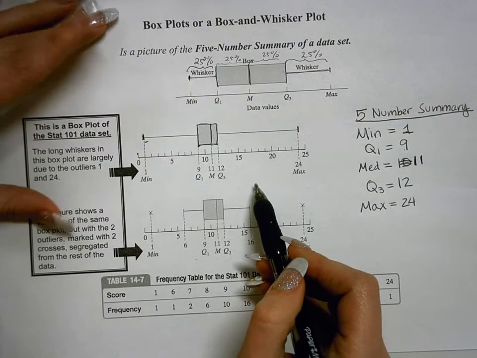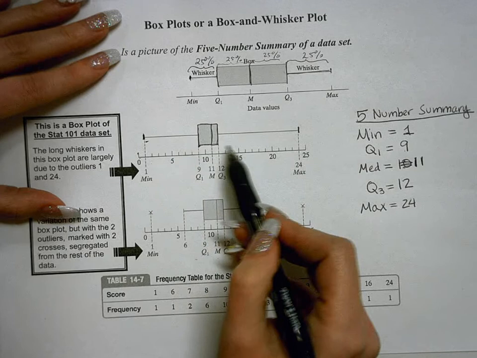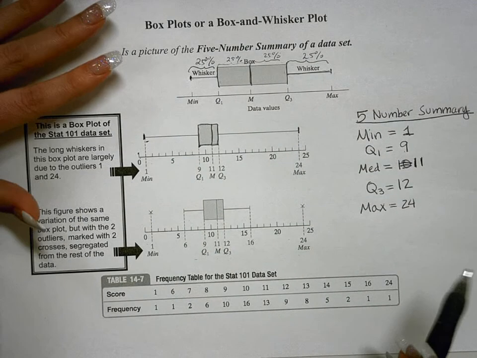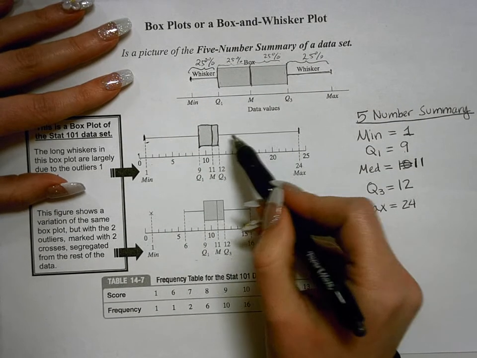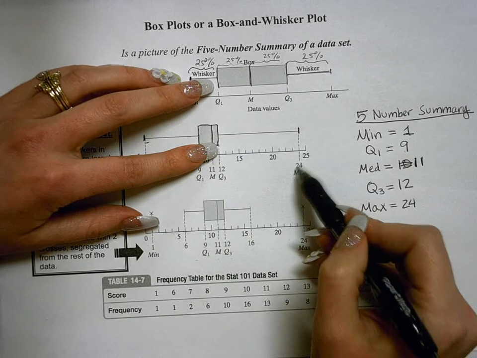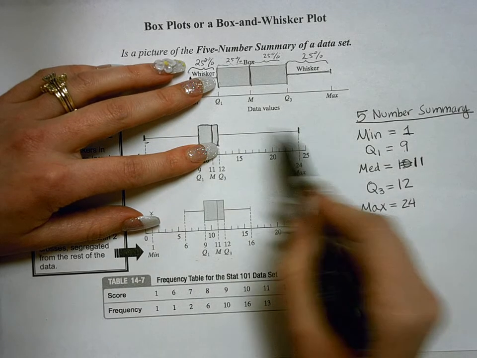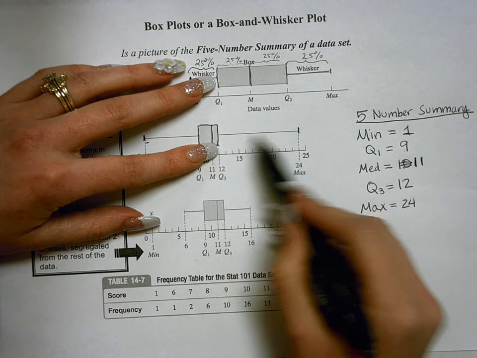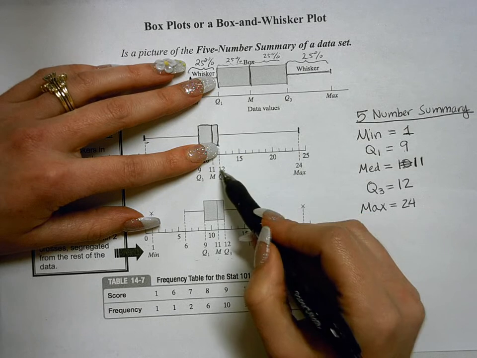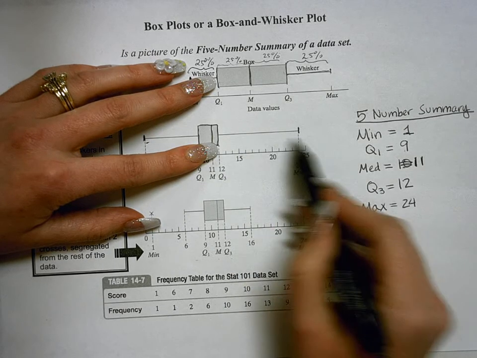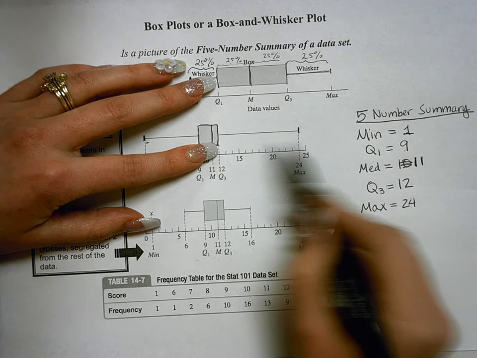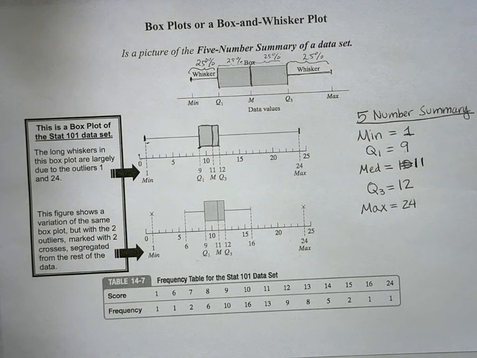So for the most part, the class really scored the same on their statistics test. And from 12 to 24, the upper 75% was really spread out. There are 12 different points separating quartile 3 from the max.